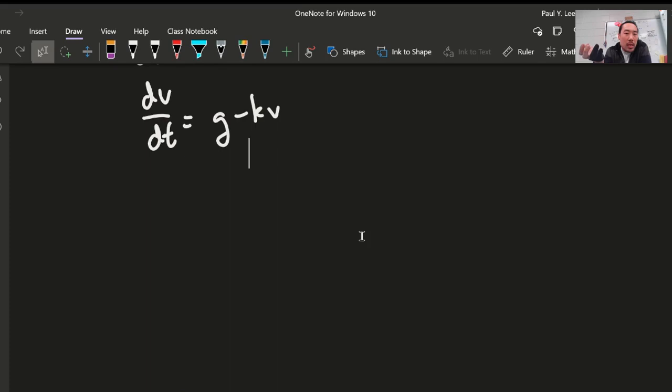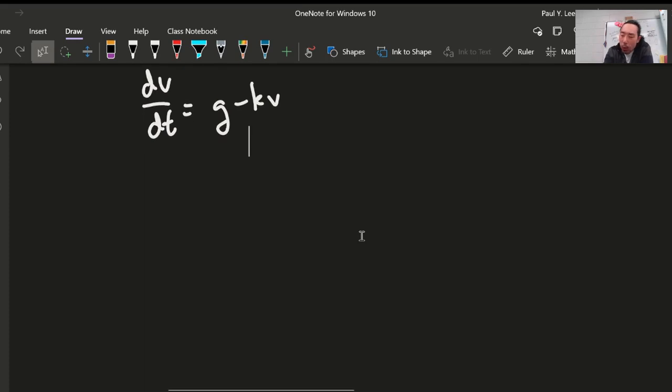So step 2 is to create a velocity function from this differential equation. So let's do that next. From this differential equation, if we want to create a velocity function, we just have to follow the rules of math. We want to put all of the like terms together. So you see this g minus kv over here. Okay, I'm going to put that in parentheses. I don't want to separate that.